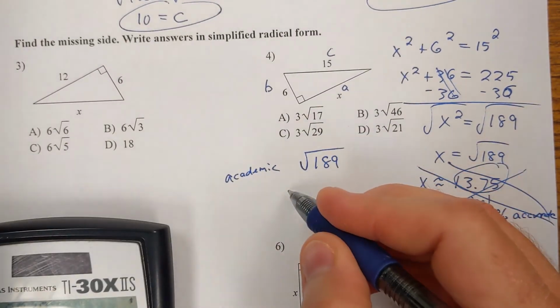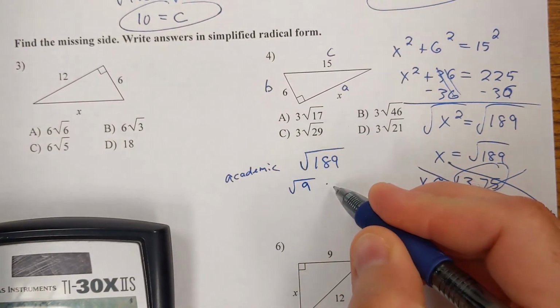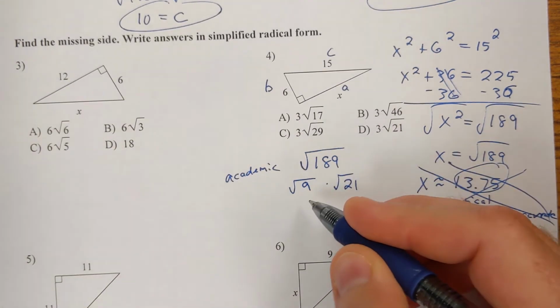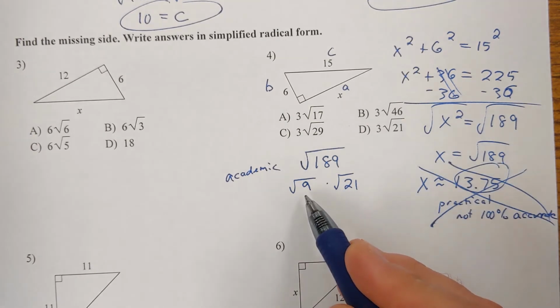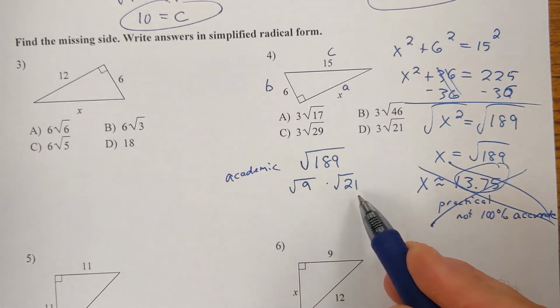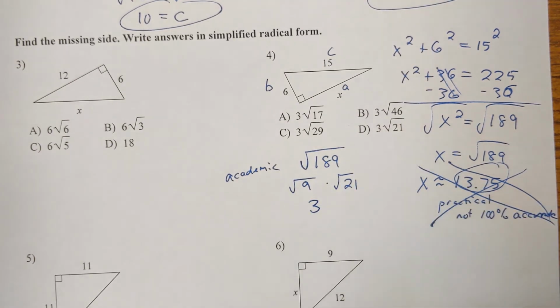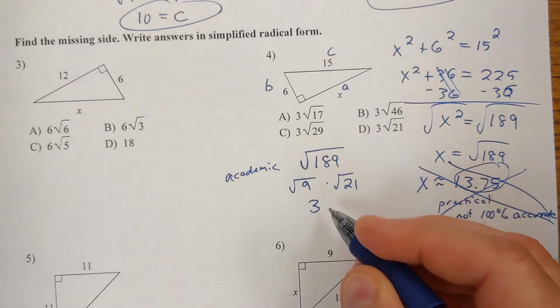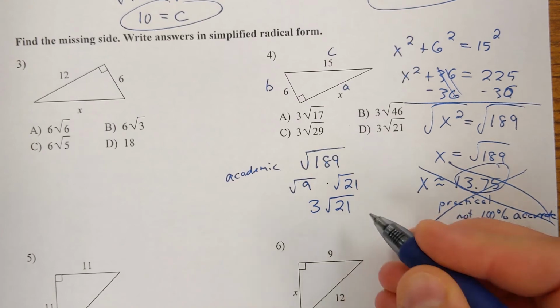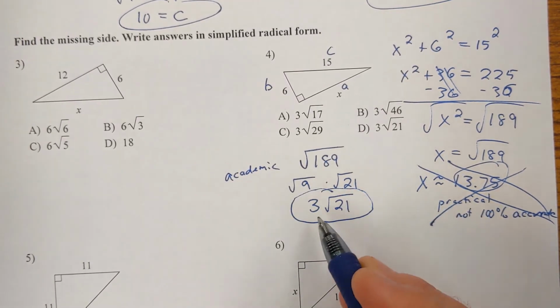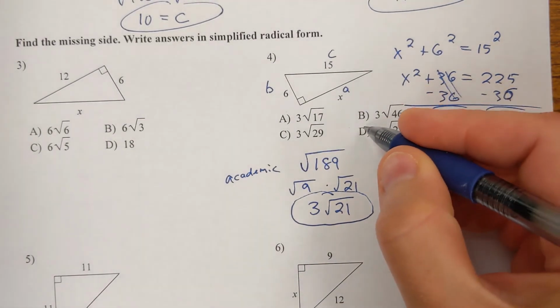So that means we're going to write this as radical 9 times radical 21. 189, when it's factored down, can be written as 9 times 21. And since radical 9 is a perfect square, it simplifies to a 3. Since 21 is not a perfect square, and it can't be simplified any further, we're going to leave it inside the radical sign: 3 radical 21.